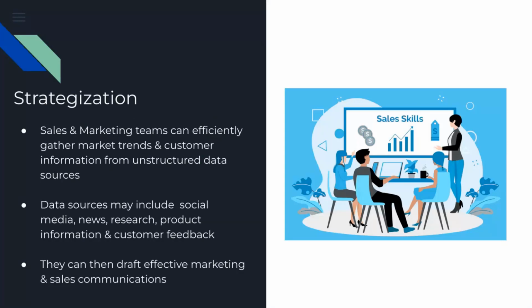So in the image, you can see the whole sales team coming up with the sales strategy for their product. Sales and marketing teams can gather a lot of market trends and customer information from unstructured data sources. Unstructured data sources means that data is no longer just in textual format, and it is coming from varied sources.